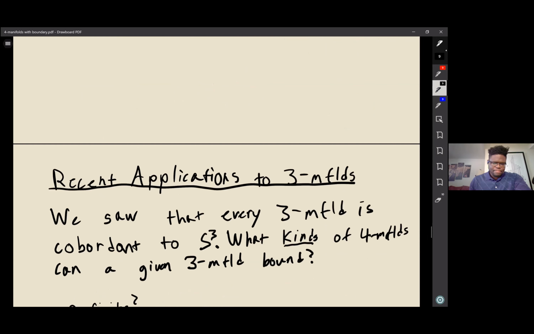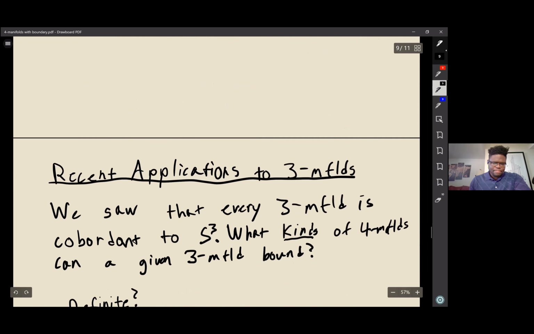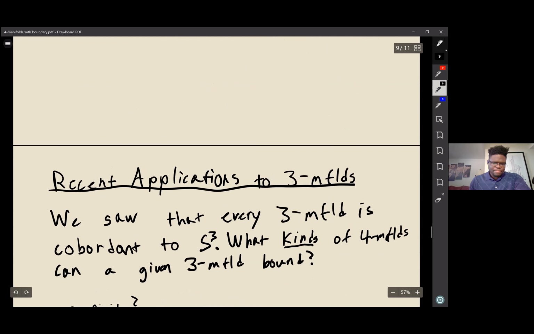We saw earlier, by Theorem 2.4, that every three-manifold is cobordant to S^3. Every three-manifold bounds a four-manifold. So now we can ask more specific questions. What kinds of four-manifolds can a given three-manifold bound?